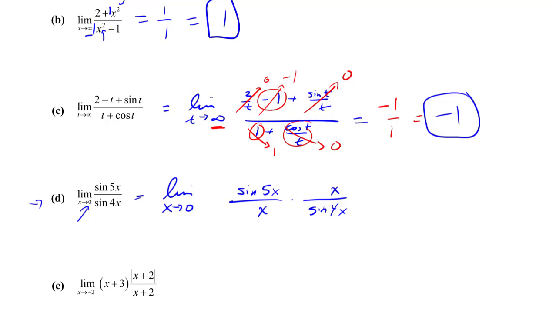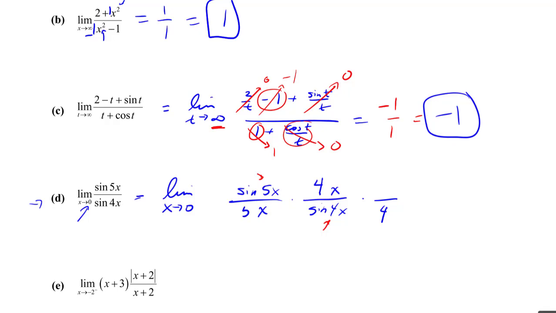Then the other idea is that for this sine 4x and this sine 5x, I need the correct constants along with them. So I would need a 4 on top to go along with the 4x in the bottom. But in order to do that, I'm going to have to also put a 4 in the denominator to balance it out.